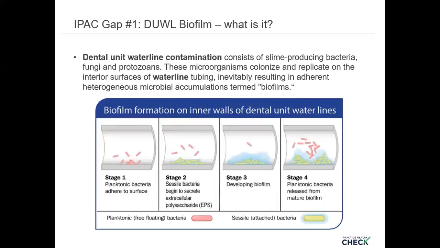So biofilm, what exactly is biofilm? Dental unit waterline contamination consists of slime producing bacteria, essentially. So fungi, protozoans, these microorganisms will colonize, so they'll form and they'll replicate on the interior surface of the waterline tubing, inevitably resulting in adherent heterogeneous microbial accumulations termed biofilm.